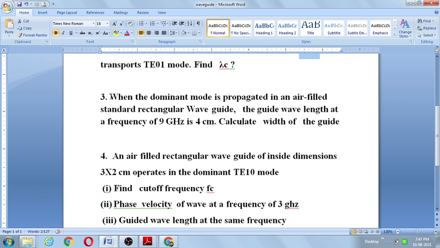The guide wavelength at a frequency of 9 GHz is equal to 4 centimeters. Here the frequency 9 GHz is given. Guide wavelength, that means lambda g is equal to 4 centimeters. Calculate the width of the guide. That means the width of the rectangular waveguide. So we have to calculate a and b, the dimensions of the rectangular waveguide.